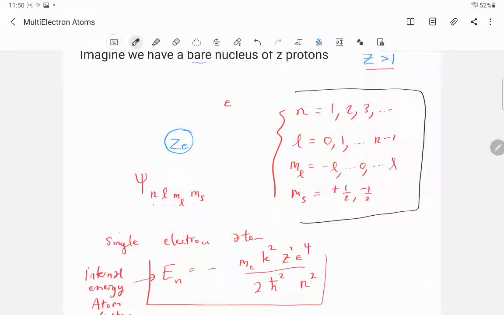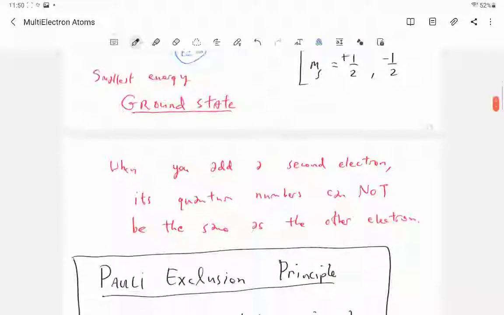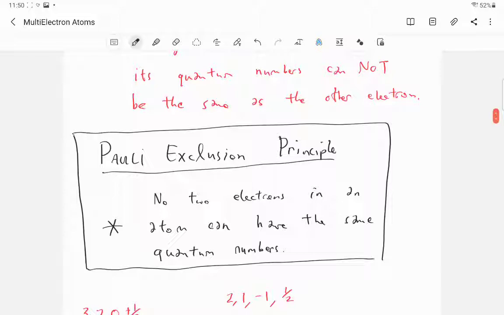So even though there are other electrons around, we're imagining that we can still add electrons into hydrogen-like quantum number states, except we don't have full freedom to do that.